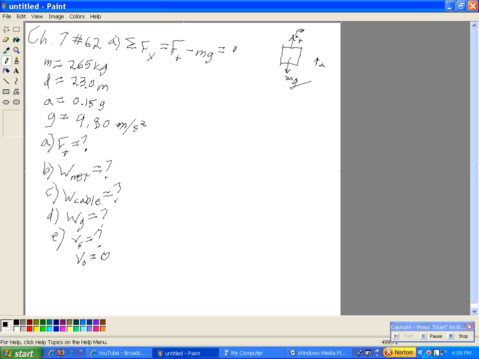We know specifically that the acceleration is given, 0.15 times gravity.